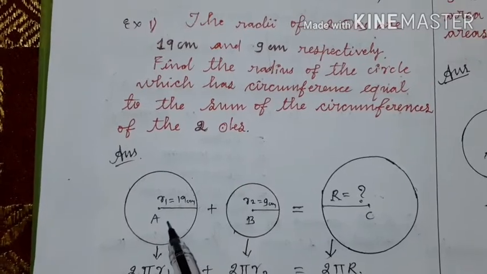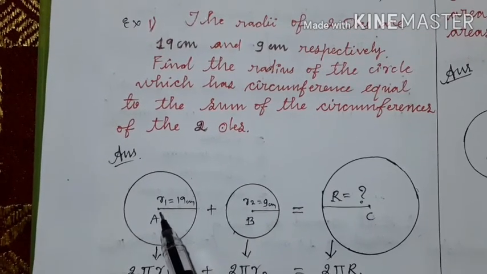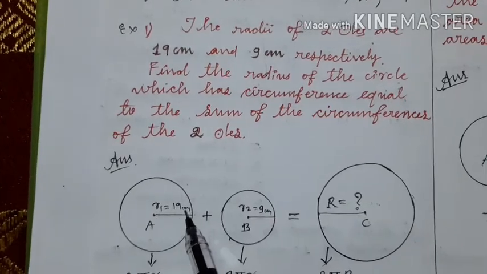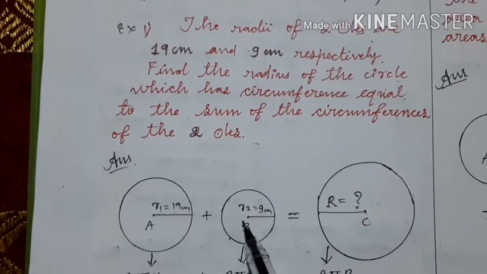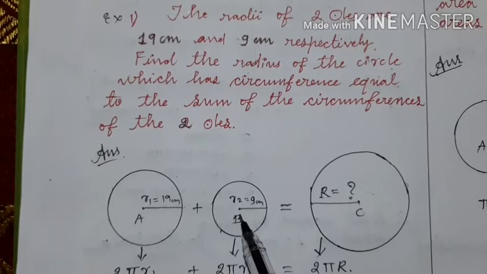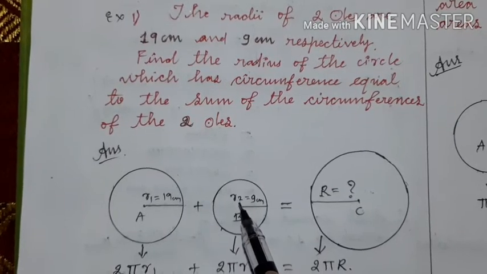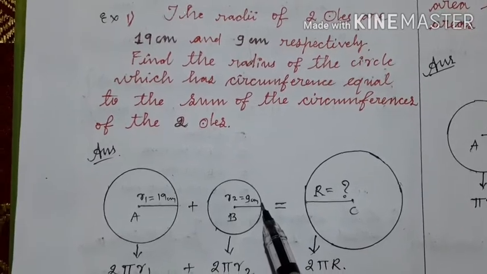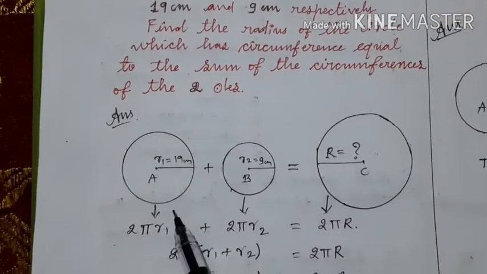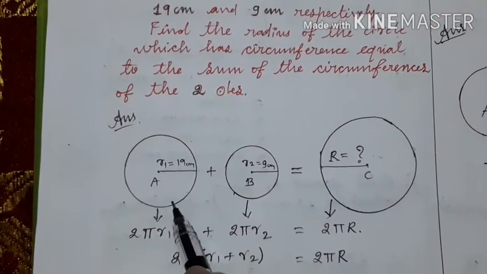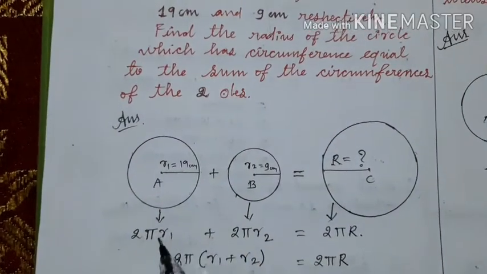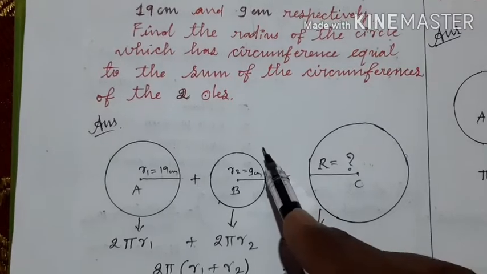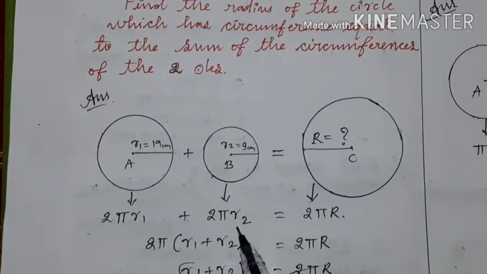Let A be the center of the circle with radius R1 equal to 19 centimeter and let B be the center of the circle with radius R2 equal to 9 centimeter. Here, let the circumference of this circle be 2 pi R1 and the circumference of this circle be 2 pi R2.